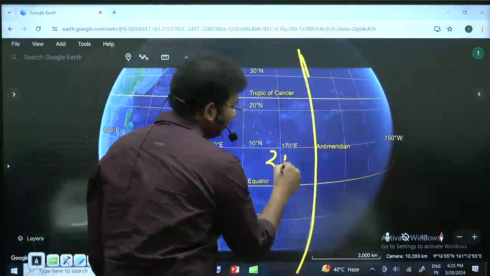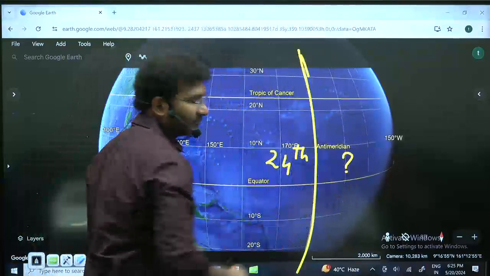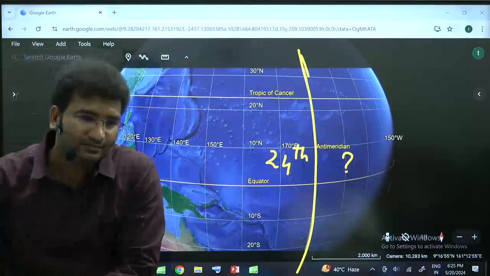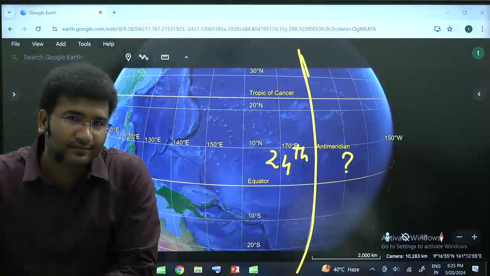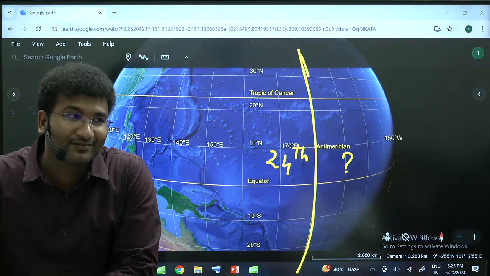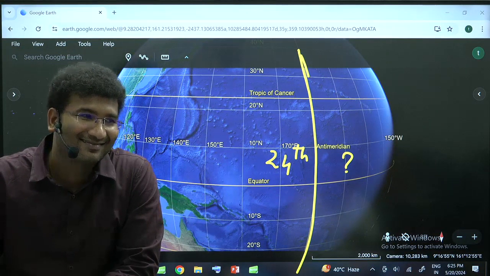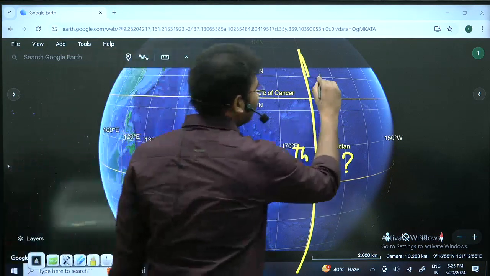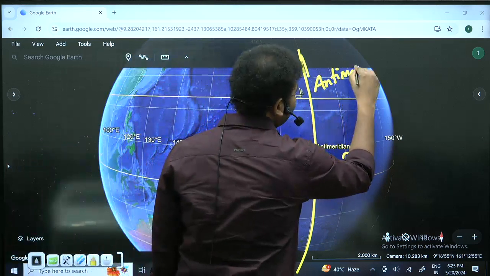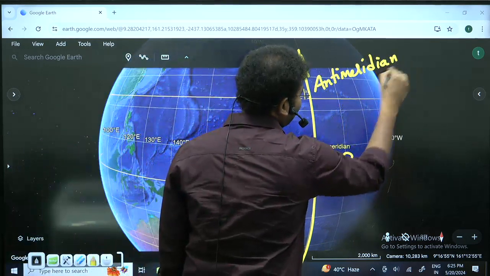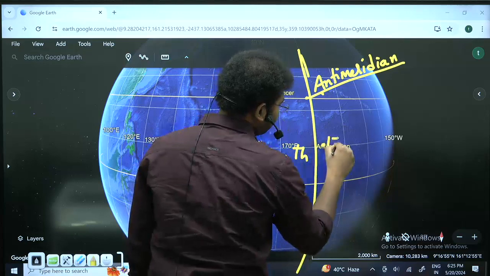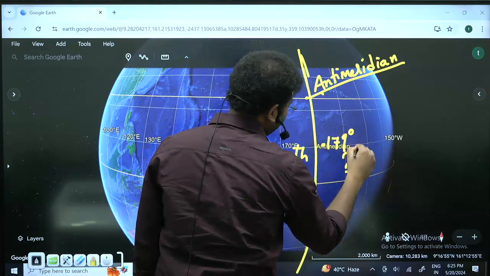If the date is 24th here, what will be the date here? Yes, this is the anti-meridian. Okay? This is 179 degrees west.